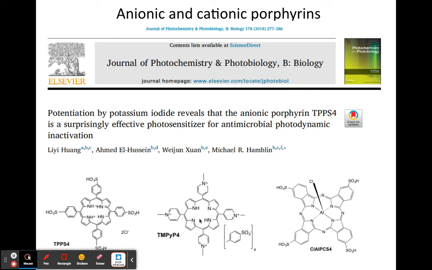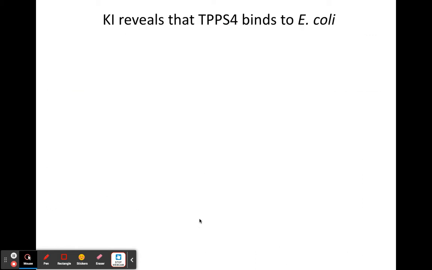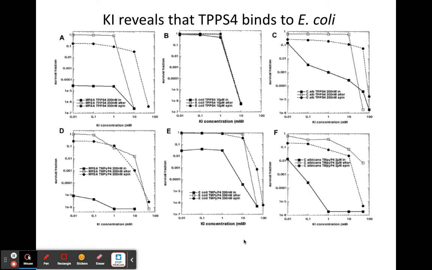Turned out that when you put potassium iodide in, something quite interesting happened: with E. coli, whether you'd spun the mixture of the cells in the dye or not, or put the cells in after, you got exactly the same result. Now, this was surprising because we did not expect TPPS4 to bind to the gram-negative cells because it's an anionic porphyrin.